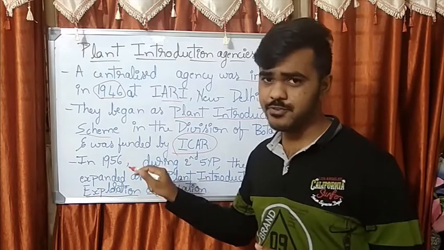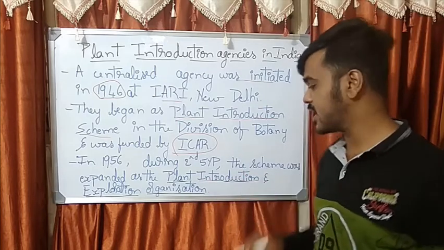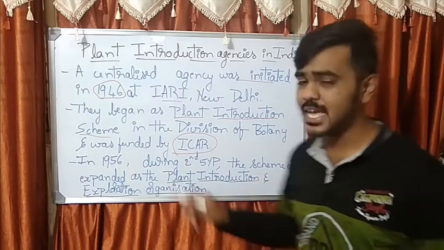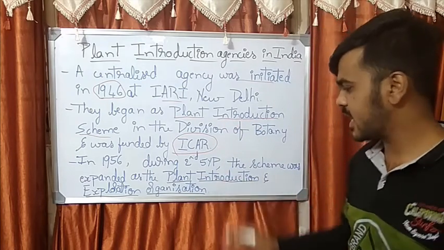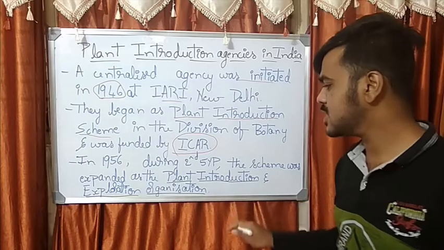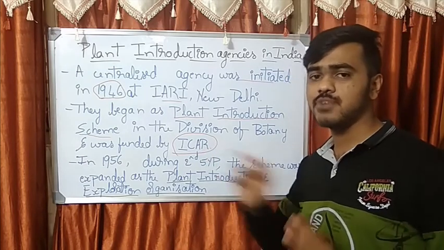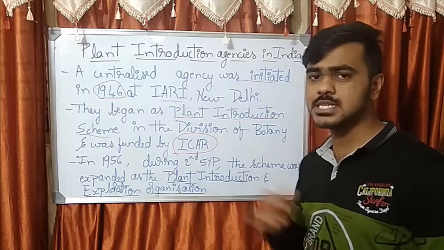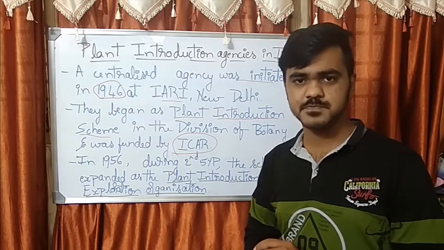In 1956, during the second five-year plan, this scheme was expanded. The plant introduction scheme was expanded as the Plant Introduction and Exploration Organization. They converted it from a scheme to an organization in the second five-year plan, in the year 1956.